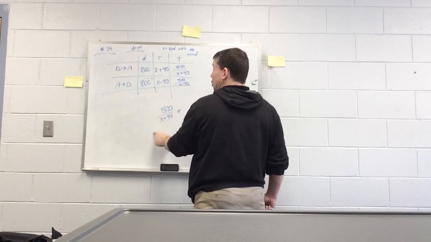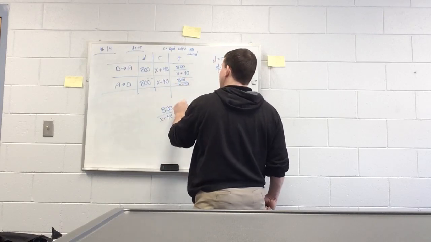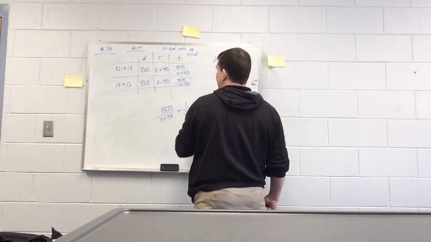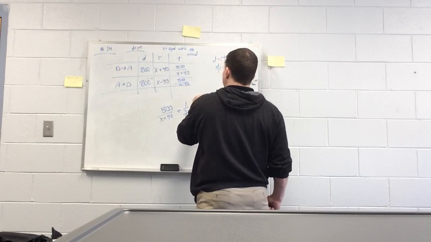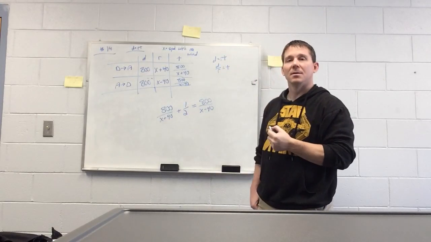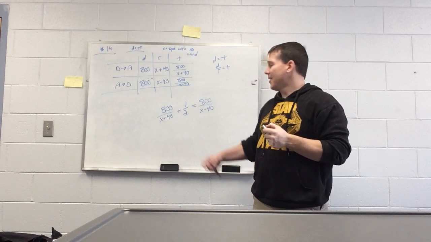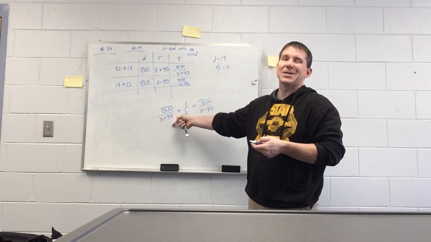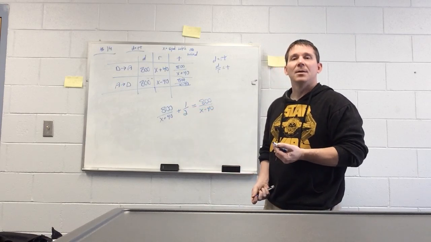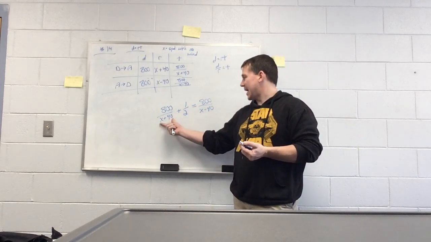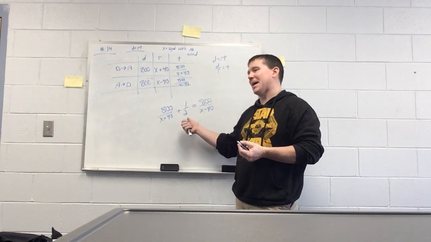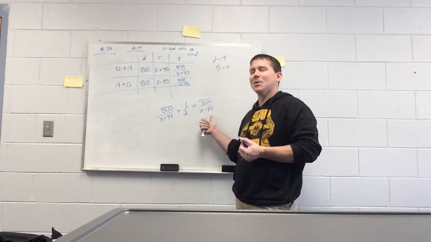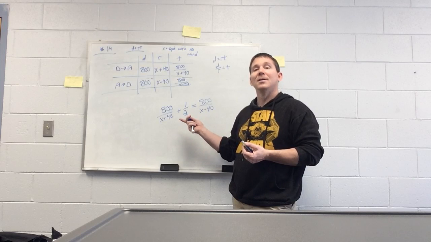So if I take the shorter trip, going with the wind, and add a half an hour to it, I should get the amount of time for the return trip. And there are different ways to write this. You could actually do the return trip minus a half equals that trip, same. But the time to get there, if I add a half an hour, that's the amount of time it took to get home, because this was a half an hour longer.